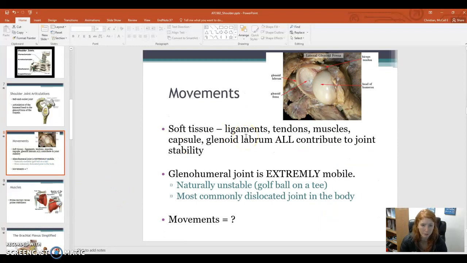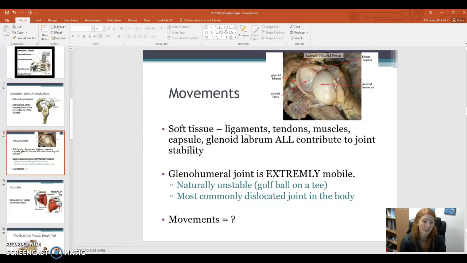When it comes to movement, a good picture, a cadaver picture there, you can see how shiny the head of the humerus is and how it fits into that socket. We have ligaments, tendons, muscles. The capsule plays a huge role in shoulder motion and our posture. The glenoid labrum all contribute to that stability. They work together to stabilize because it is a very unstable joint. Think about a golf ball on a tee. It's not deep at all.